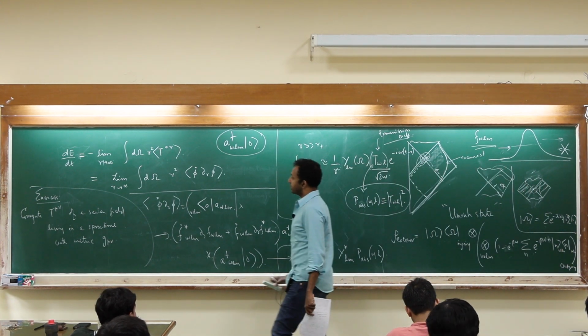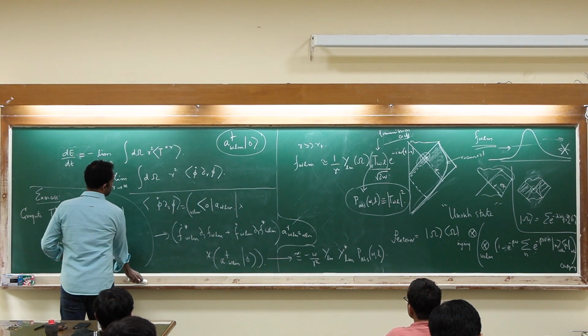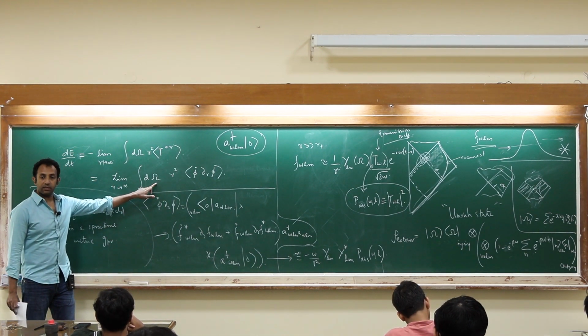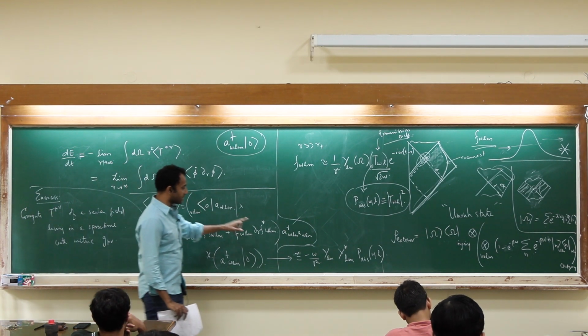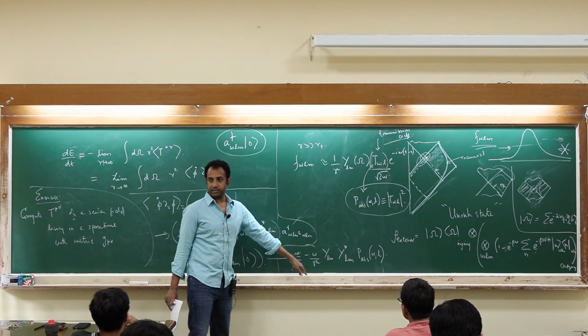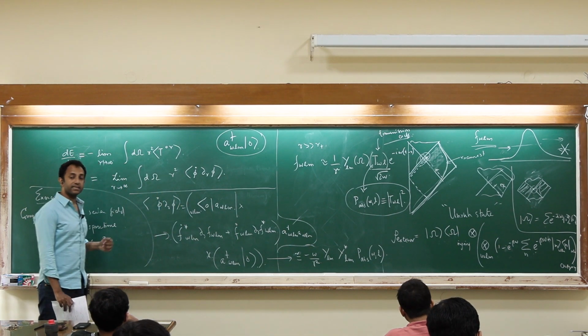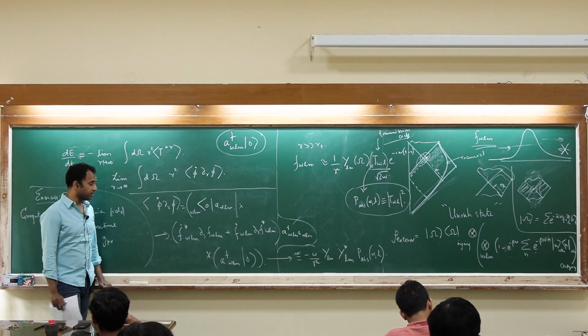And now, because we are interested in the total, we want to integrate it across the whole solid angle, and this r square will cancel with this r square. That's just because everything is massless, so things die down as 1 by r square.